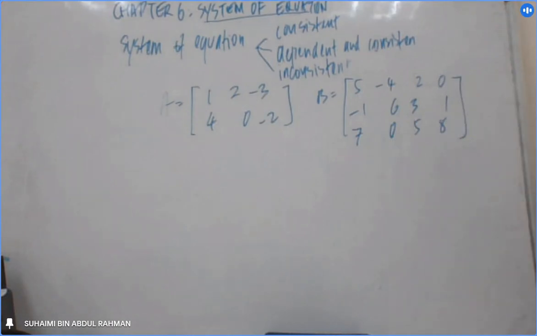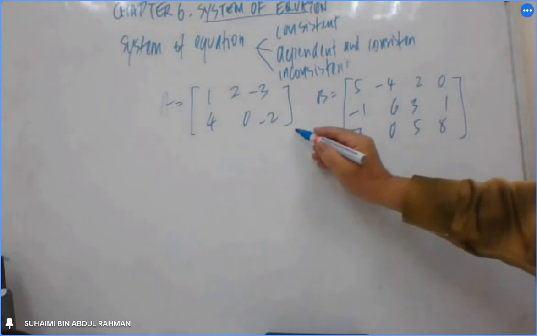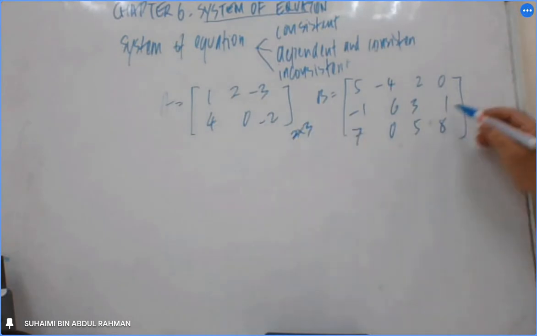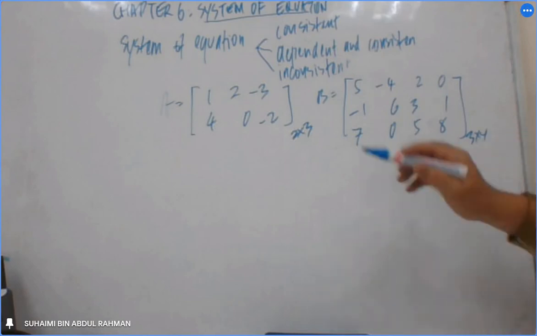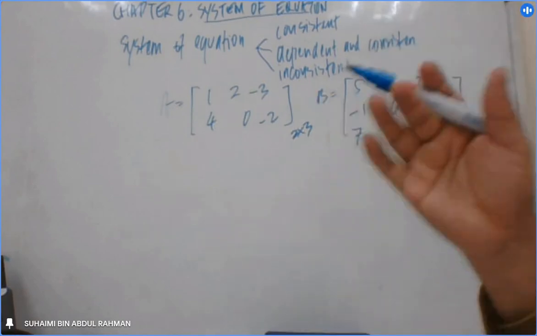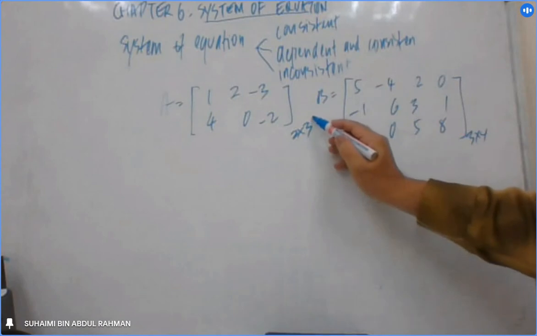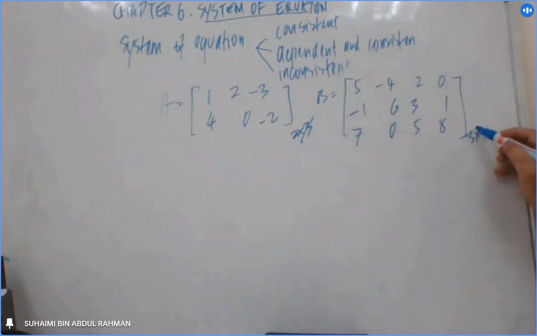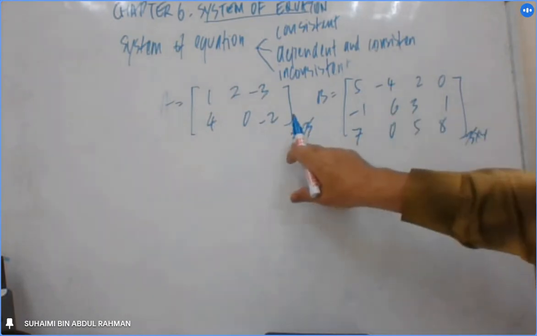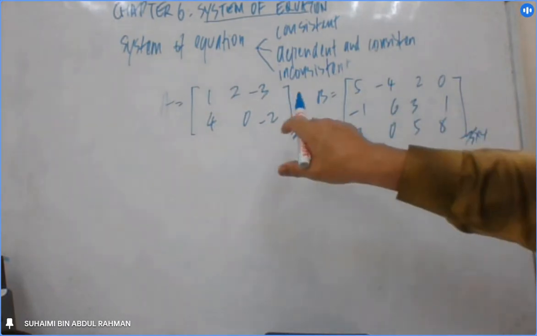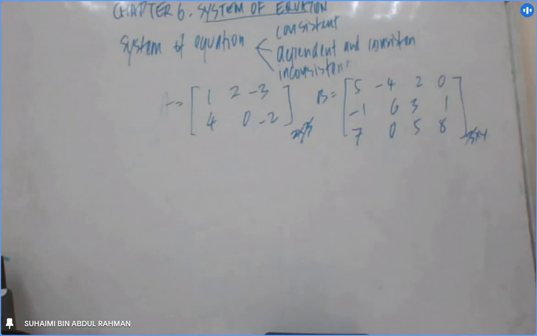Remember that for matrix multiplication, you have to determine first the values of m and n. Here is a 2 times 3 matrix. Here is a 3 times 4 matrix. So in order to multiply two matrices, the number of columns here must be the same as the number of rows of the other. So you're going to get a matrix 2 times 4 after multiplication of these two matrices.